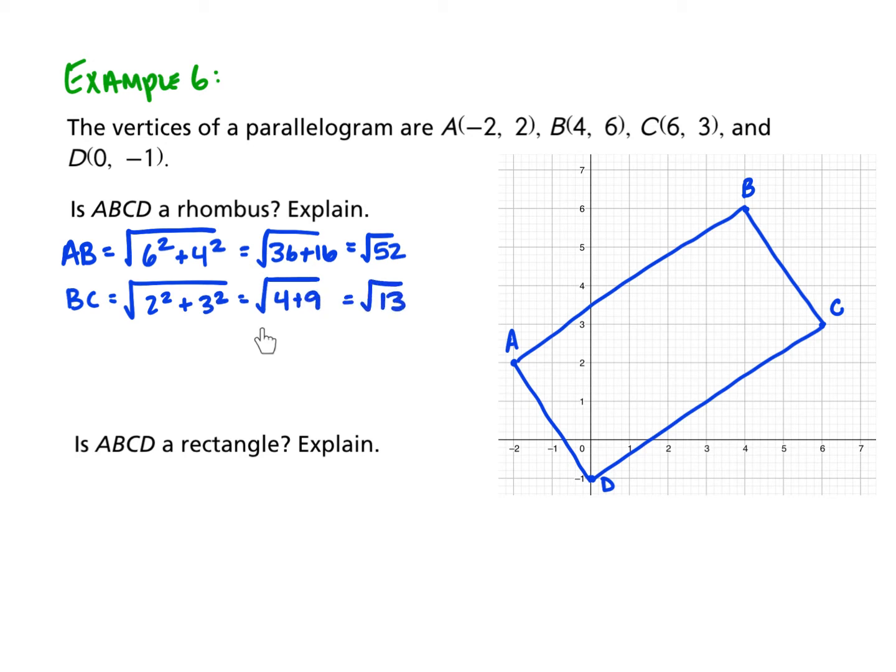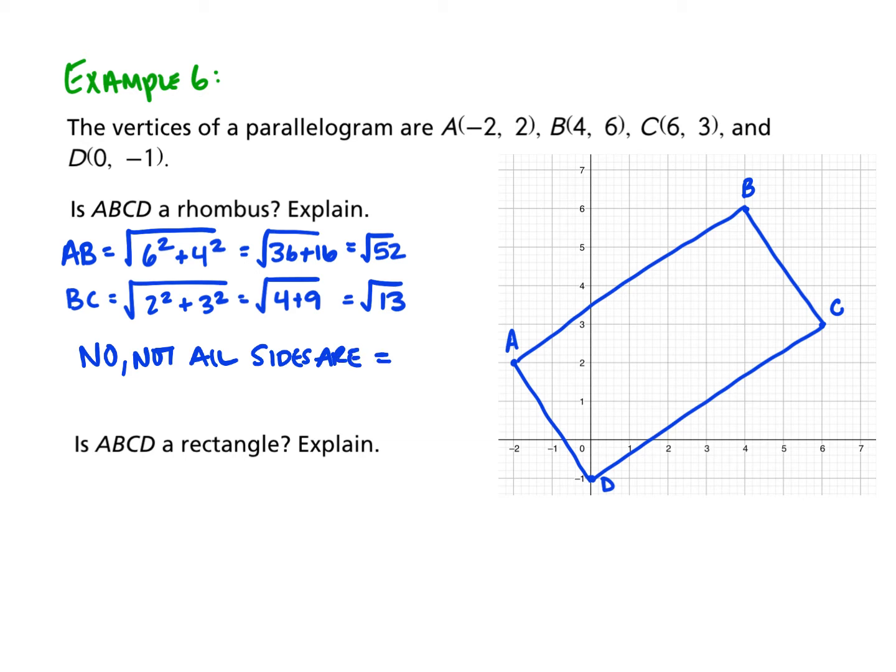Now I can actually stop there. If I'm just supposed to ask if this is a rhombus, I've already shown that it has two sides that are different length. And I think that's enough to say, nope, this is not a rhombus, because not all sides are congruent. Say, no, not all sides are congruent.